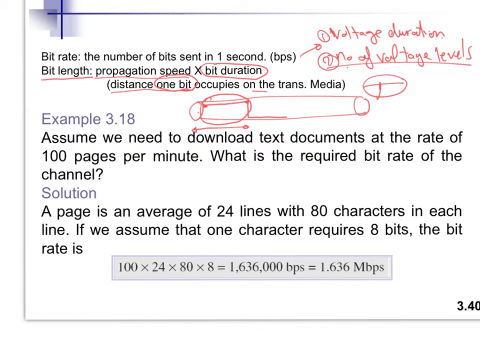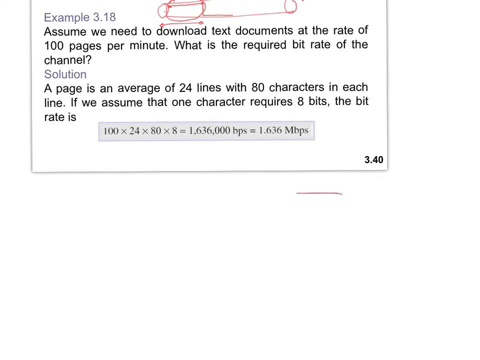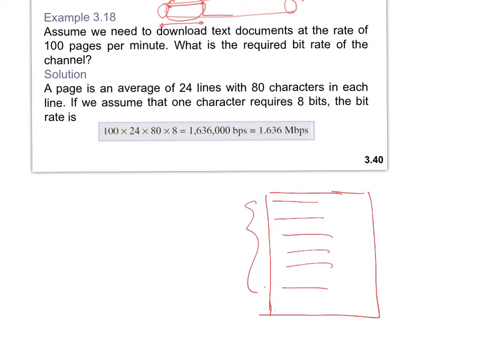So if we assume that each page like this contains, on average, 24 lines, and each line contains 80 characters, then in order to convert each character to bits, we have to represent it using ASCII codes.